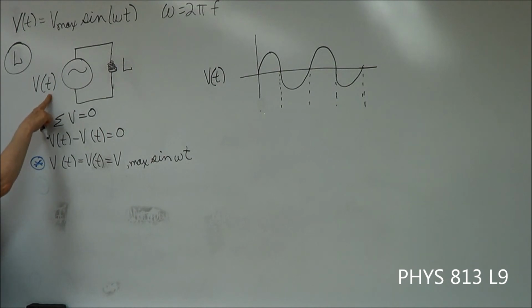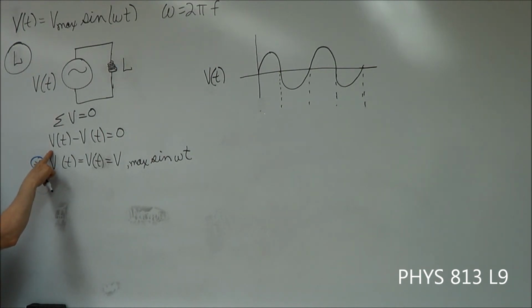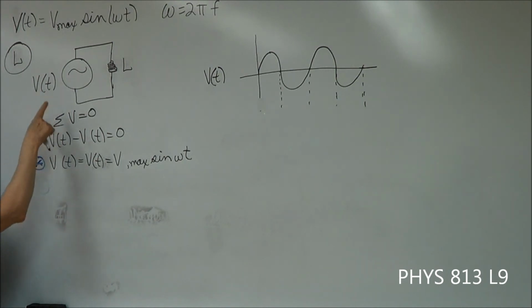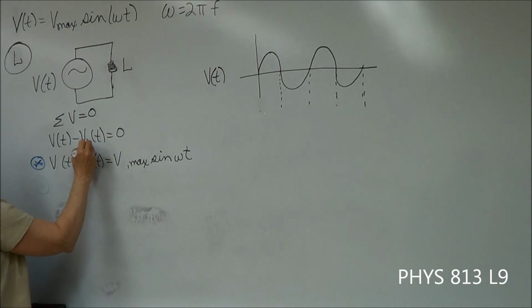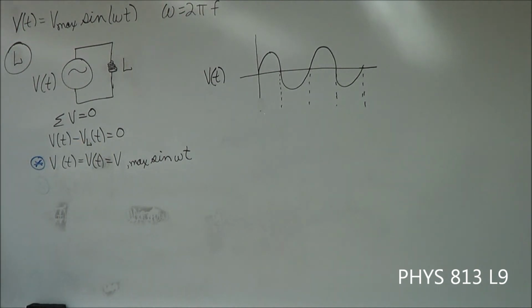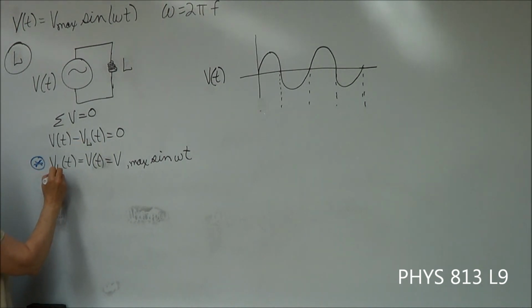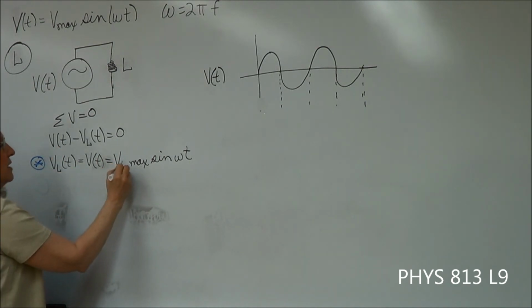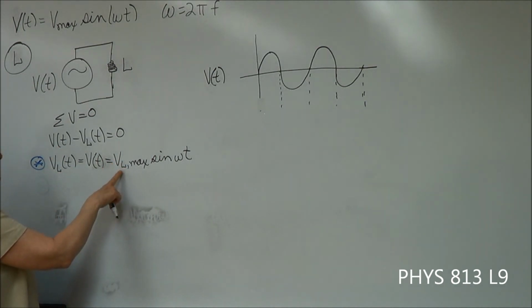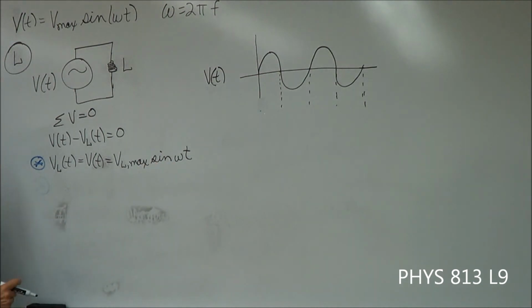We have an alternating voltage source, the same thing that we had. So for Kirchhoff's law, we have the voltage of the source, and then here is the voltage of the inductor. For the inductor, we solve this, and then we have V max for the inductor times sine of omega t.